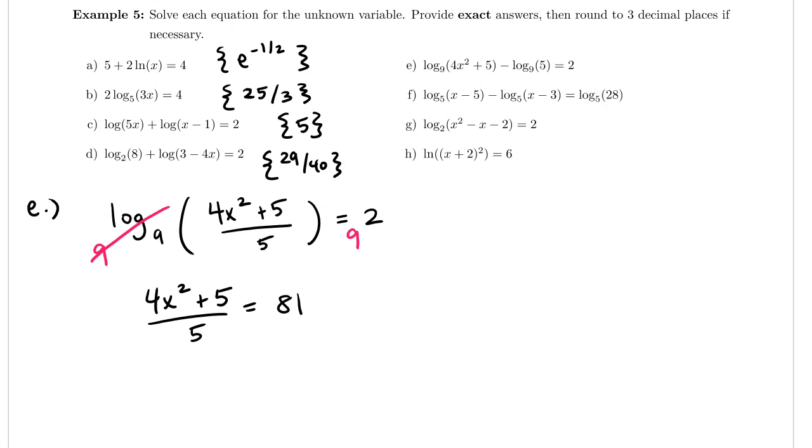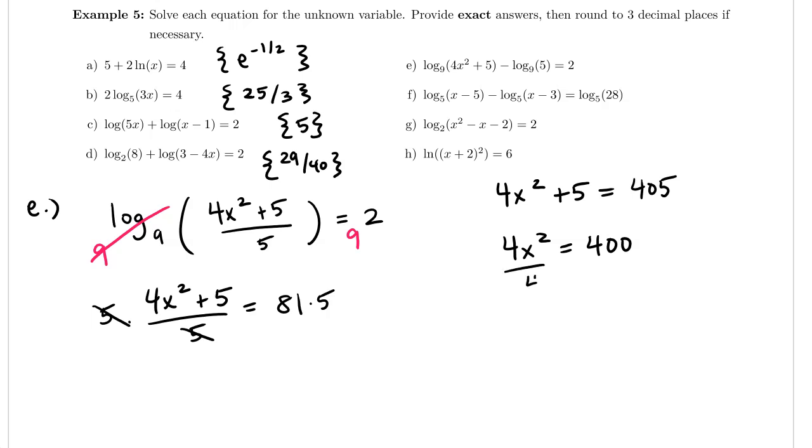Okay, so I want to now multiply both sides of my equation by 5. These will now divide out, and we get 4x squared plus 5 is equal to 81 times 5, which is 405. Then I can subtract 5 from both sides. That will give us 400.